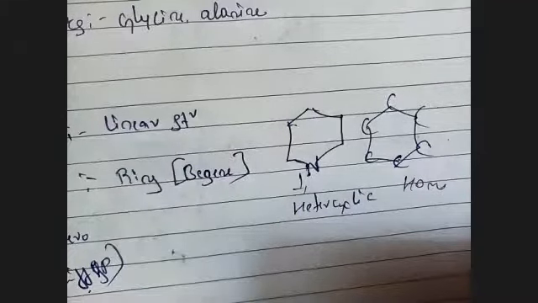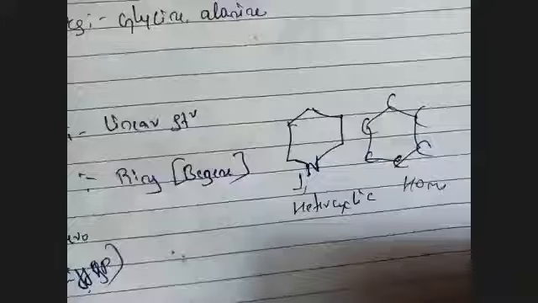Yes, Meghana is asking something. Ma'am, in basic amino acid, we have to find the number of amine groups in the R group only? Yes, Meghana, you're right. Because in all the amino acids, your NH2 or NH3 group remains the same, and the carboxyl group also remains the same. So why do you need to calculate it again?